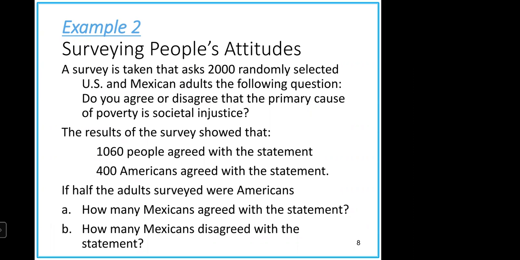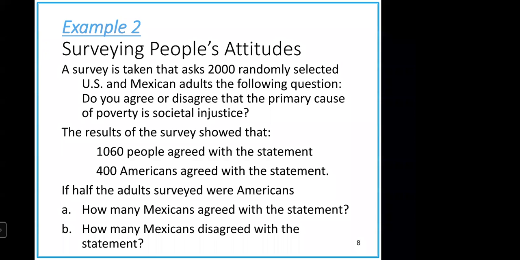The overlap is between those who agree, who are Americans, and those who are not Americans. So that's why we didn't have a circle for Mexicans. You have to look to see what intersection we have. What is in the intersection of the two groups that we are looking at?